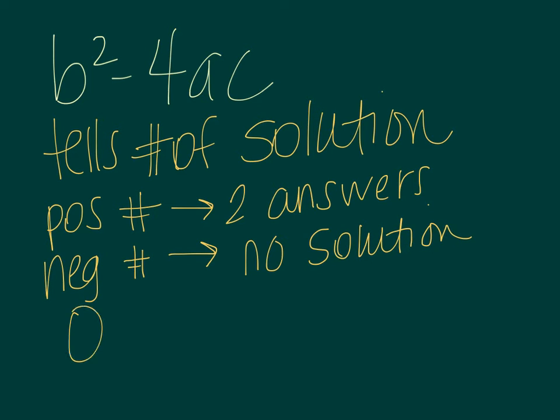And if you get 0, that means you will have 1 answer. So today we're not looking to find the exact answer. You did that when you used the quadratic formula. Today we're looking to see the number of solutions it will find.